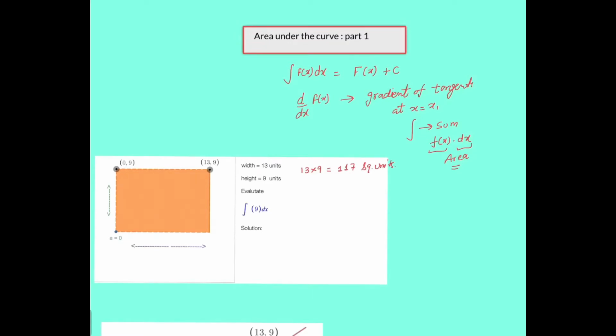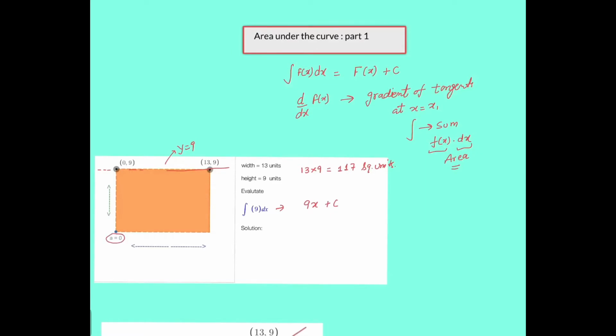And if we see the concept of integration, if I integrate y equals 9, because the top line is a horizontal line, it's just a constant 9, and the integration is 9x plus c.